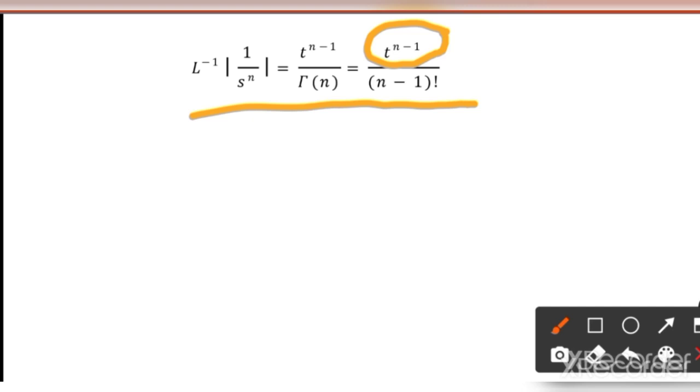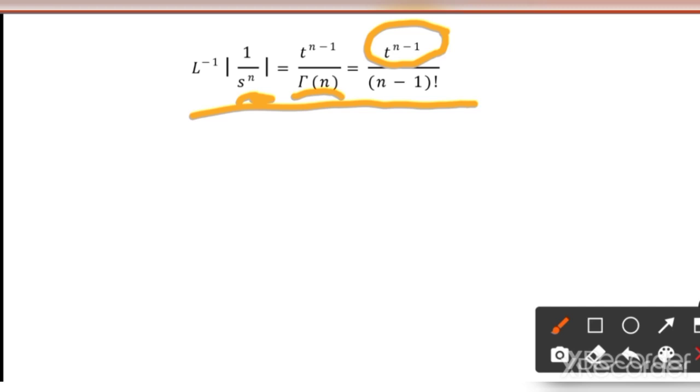So if I take L inverse of 1 over s power n plus 1, obviously we have t power n by gamma of n plus 1. For our convenience we can take the power n as it is in place of n plus 1.